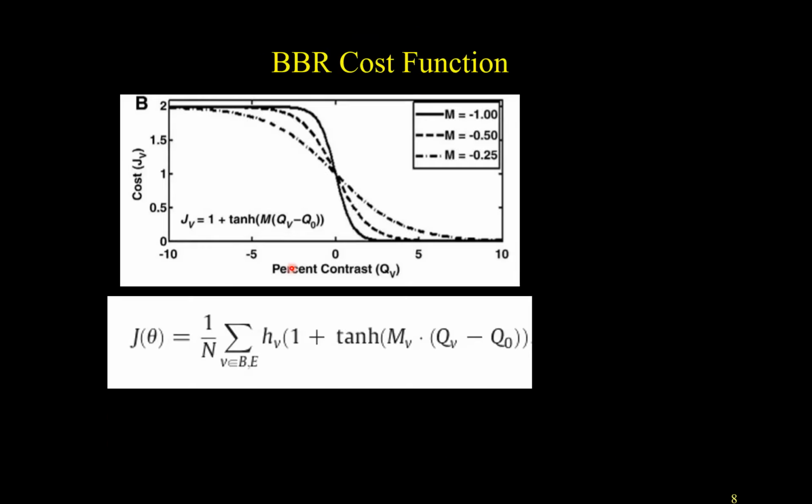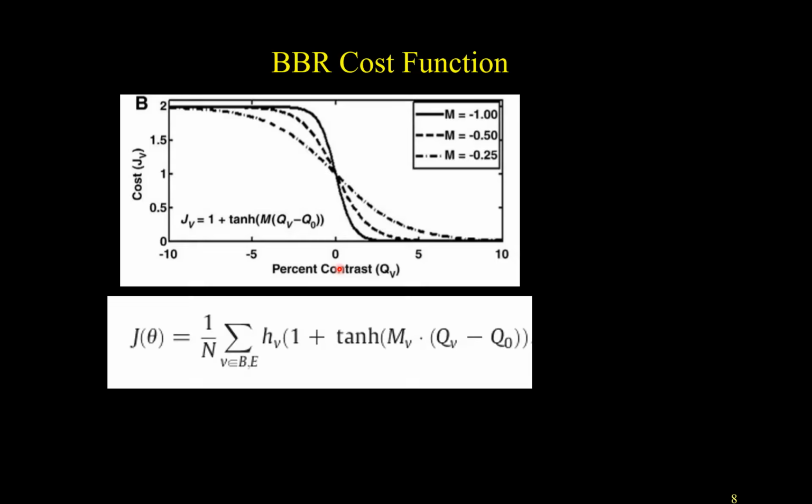So once we have that contrast, then we put it into this nonlinear function here, which is implemented as a hyperbolic tangent. So as you increase the contrast, the cost is actually dropping, which is what you want, because when everything is perfectly aligned, then at every point in cortex, the contrast should be high, and so the cost should be low.